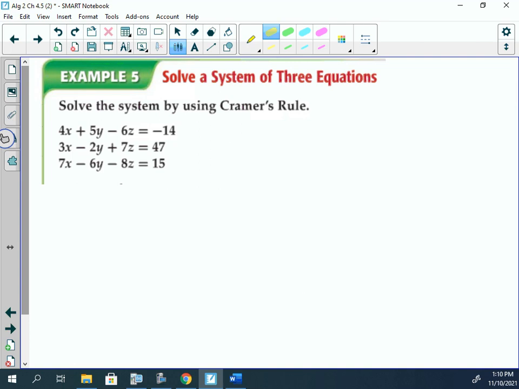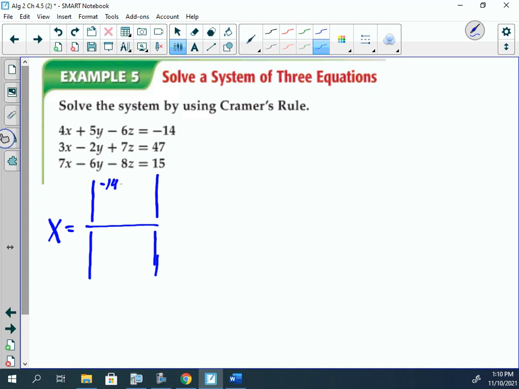We're only going to look at one of these here, and we're going to do it in the calculator. We're not doing this by hand. So let's write our 3 equations for x, y, and z. So for x, again, we're replacing the x values with what it's equal to. So here it would be -14, 47, and 15.